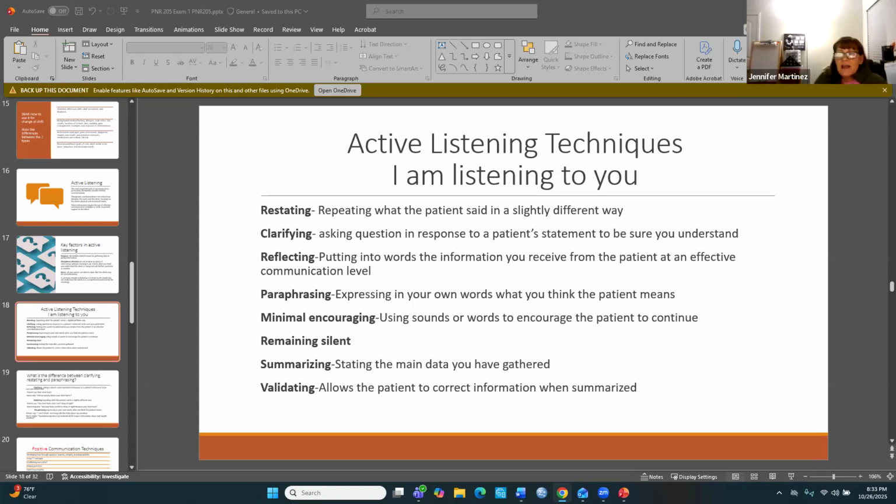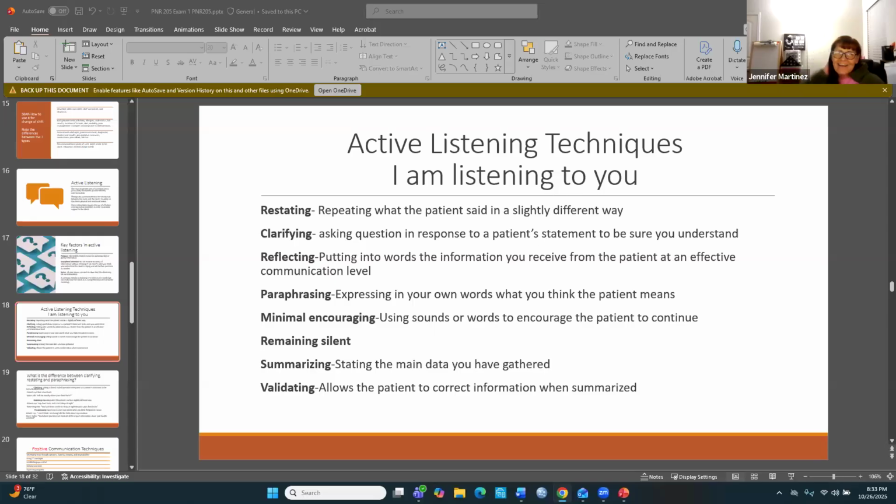Minimally encouraging, these are sounds or words to encourage the patient to continue talking, right? So, go on, tell me more, yes, okay. You're just encouraging them to keep talking.